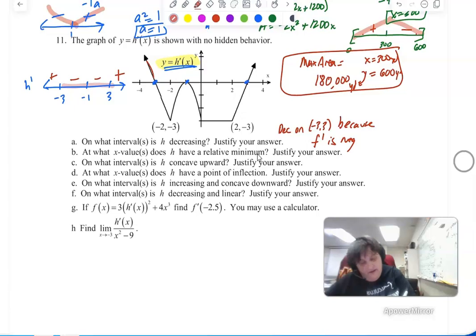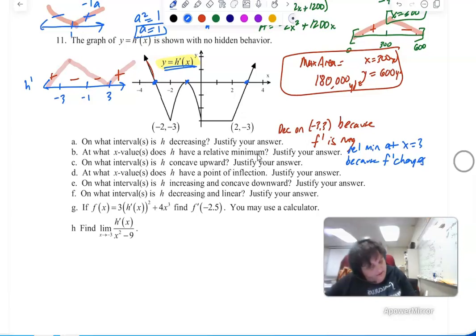Okay, if I go back here and I kind of draw this in, it goes increasing, decreasing, increasing. It has a relative min at x equals 3 because H prime changes negative to positive. Okay?